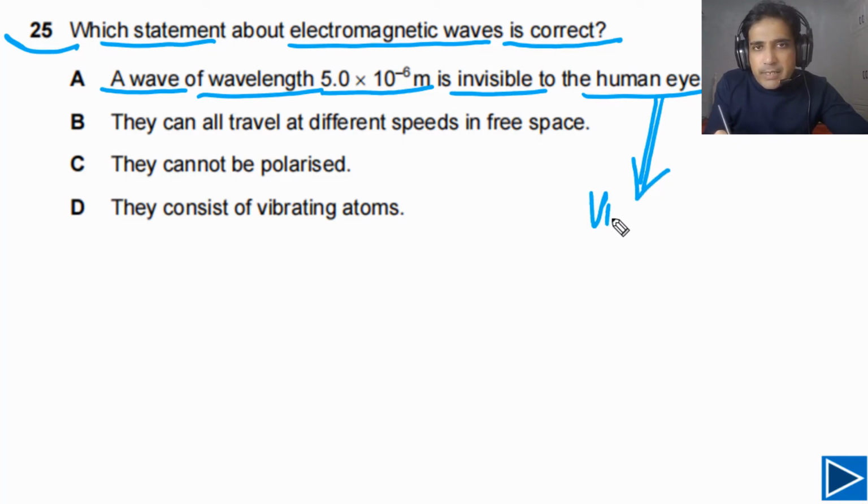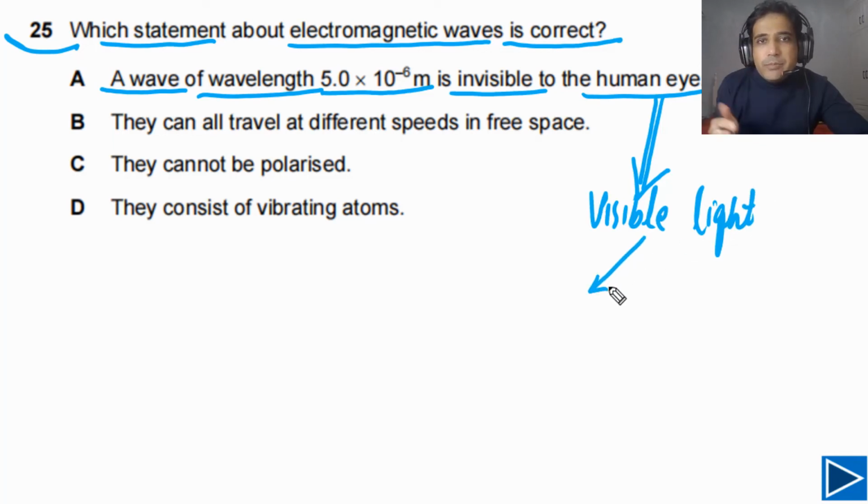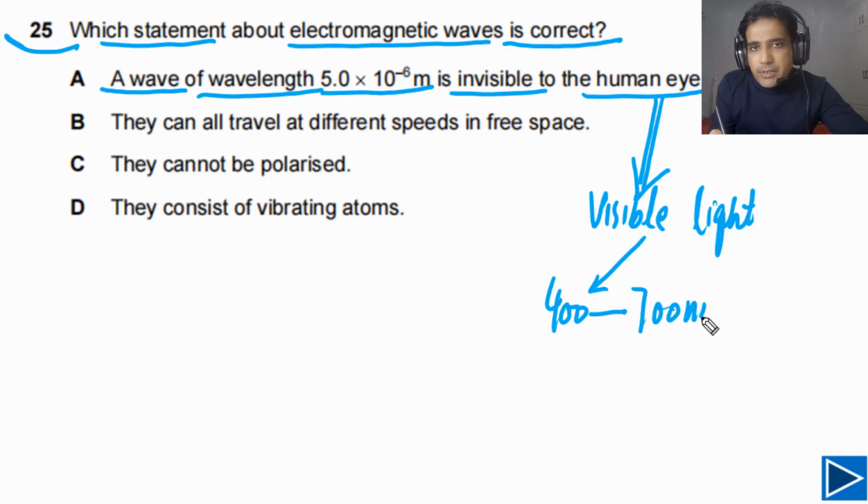Visible light means the light that can be seen by human beings. The range of visible light is from 400 nanometers to 700 nanometers.